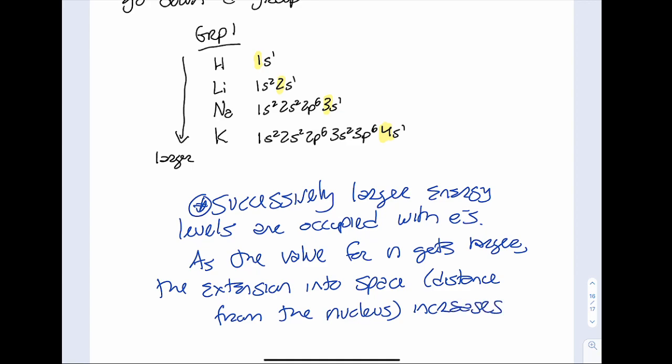So it's not that potassium is below hydrogen in the periodic table, it's that potassium is occupying the fourth shell, and hydrogen is occupying the first shell, and the fourth shell is much larger. It extends further into space than the first shell does. As our value for n gets larger, its extension into space, its distance from the nucleus, its radius is going to increase. So that is our reasoning.